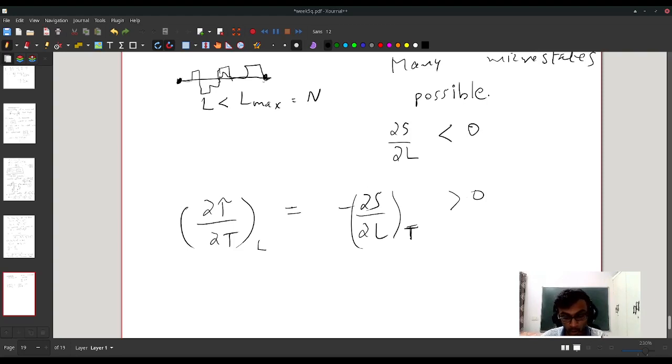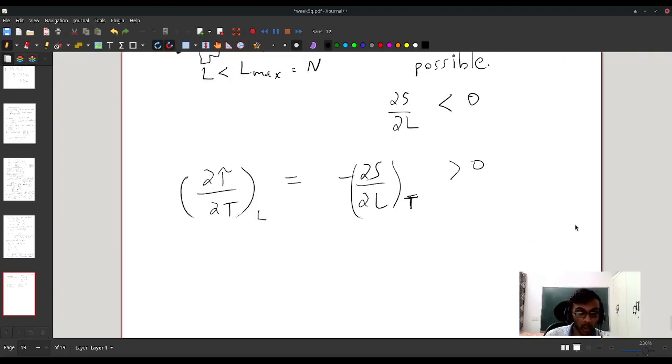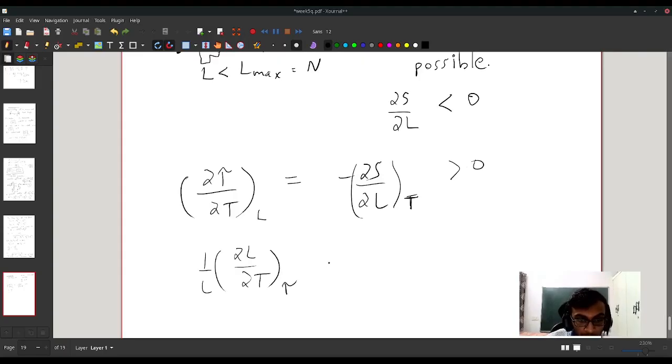So the thermal expansion coefficient would be negative. Equivalently, in the way of doing the experiment at constant length, the tension will increase if you increase the temperature.